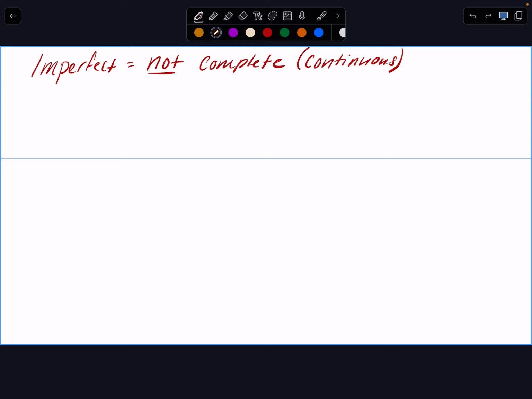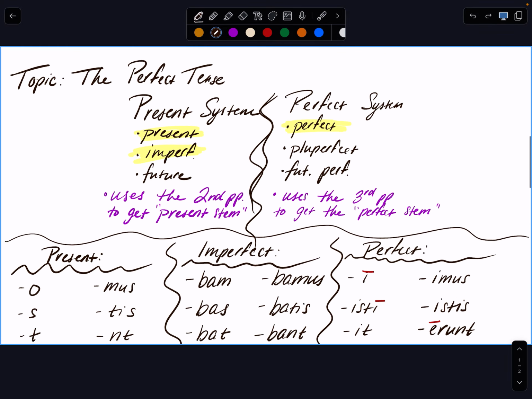But couldn't imperfect be perfect and present at the start? It could be past tense and present tense. No, because, well, look, it's not really about the time when things happen. In the perfect system, the perfect, pluperfect, and future perfect are all different types of past tenses.